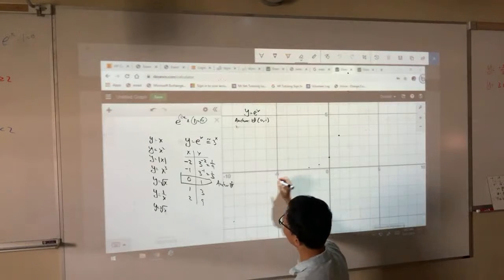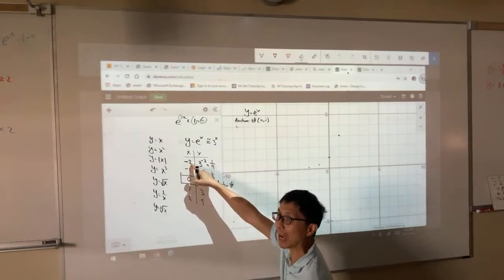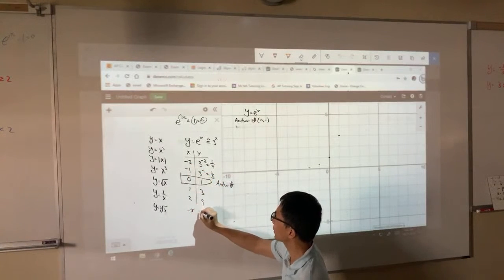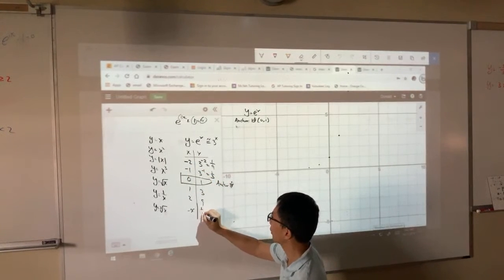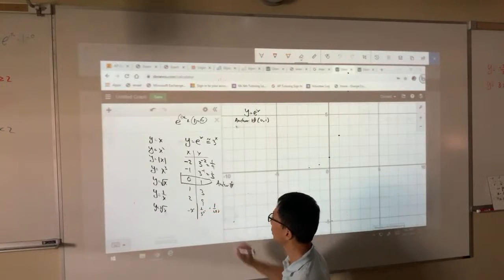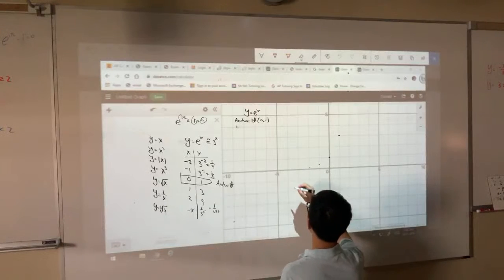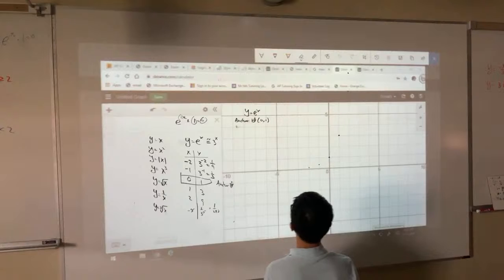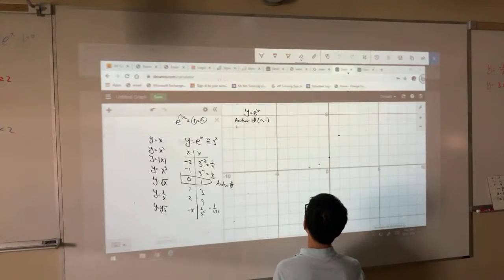But you also need to know if I were to plug in -5, what would it be? It's going to be 1 over 3 to the 5, which is 1 over 243, which is awfully small. It's so small that you think it's touching the x-axis, but it's not. Okay?